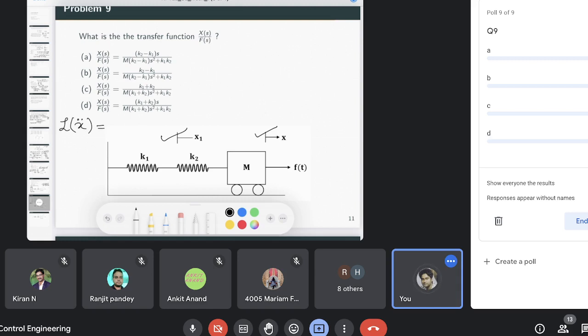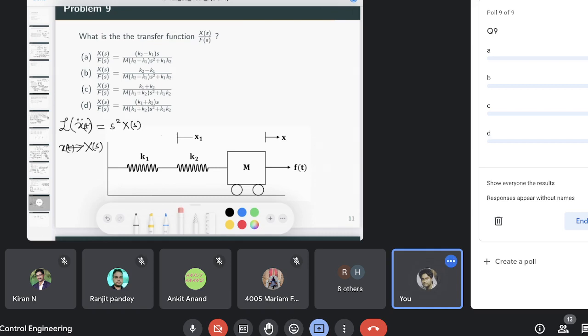If the Laplace transform of x is denoted by capital X, then its double derivative will be s squared X. Because the initial conditions are 0, you can ignore these two terms for now and just use this.